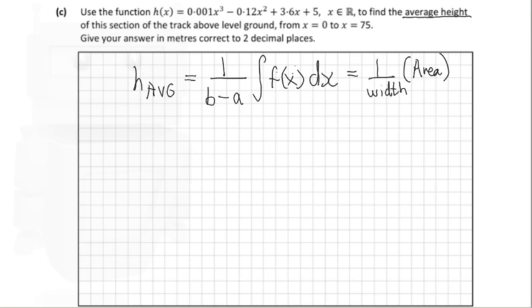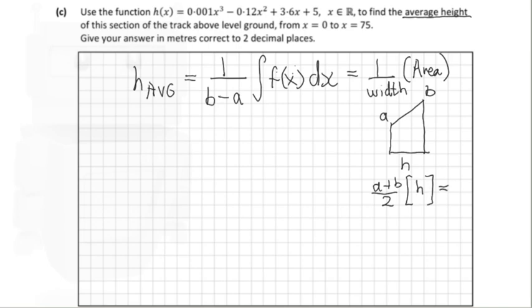It makes sense. If we have a trapezoid like this, with A and B and a constant width h, the area is A plus B over 2 multiplied by h.